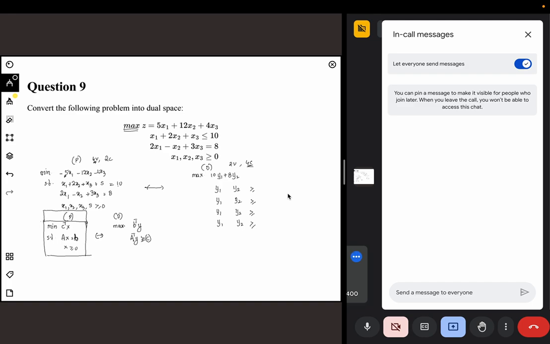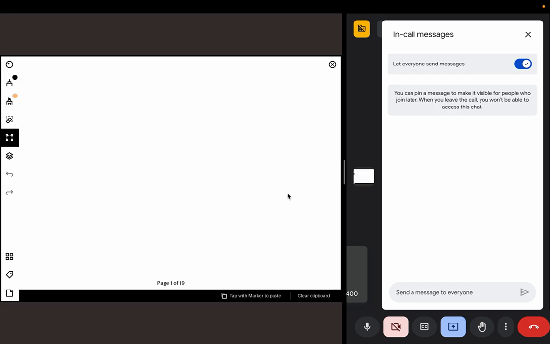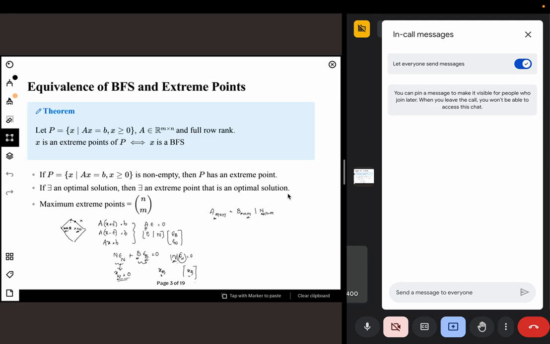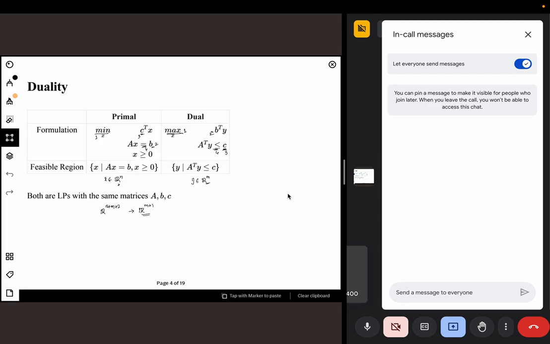Can you check this one? Just a second. Yeah, it becomes less than or equal to.